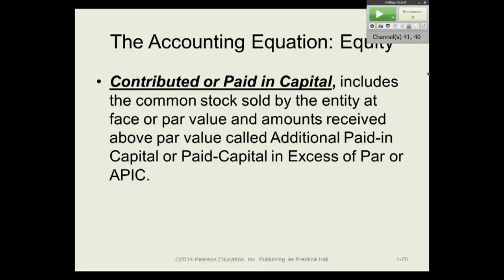Now that's the first part of stockholders' equity. Now again, when we think about the accounting equation, we know that, of course, assets equal liabilities plus equity. Equity has contributed capital.